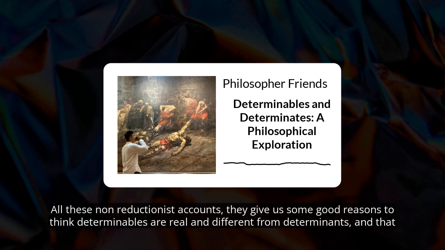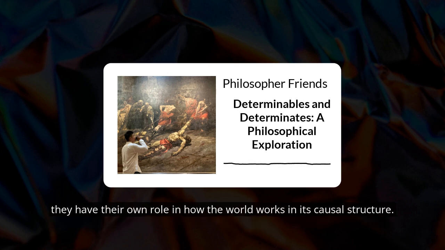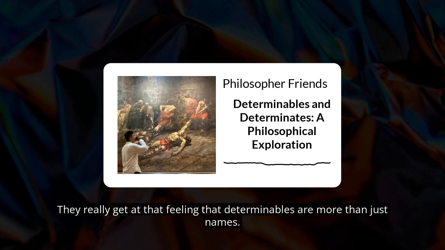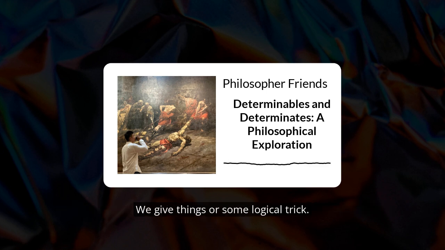You got it. All these non-reductionist accounts give us some good reasons to think determinables are real and different from determinants, and that they have their own role in how the world works, in its causal structure. I can see why people find the non-reductionists appealing. They really get at that feeling that determinables are more than just names we give things or some logical trick.